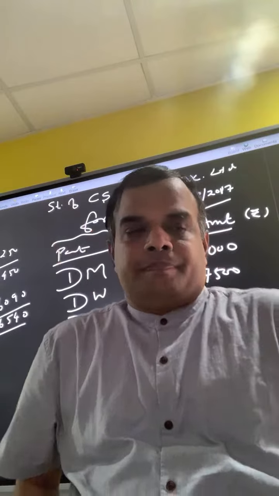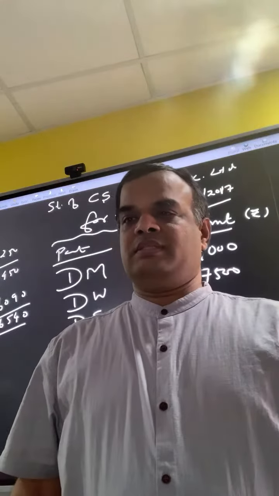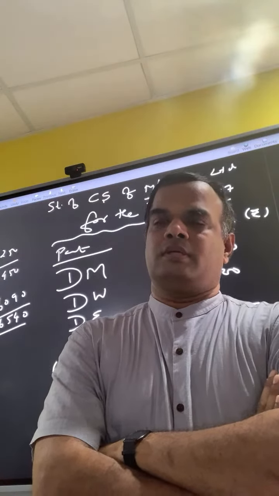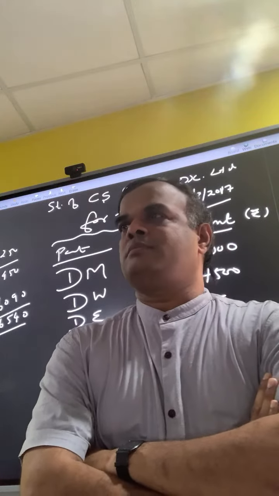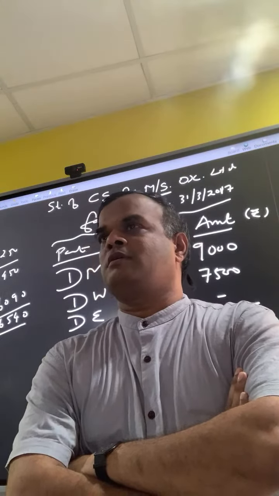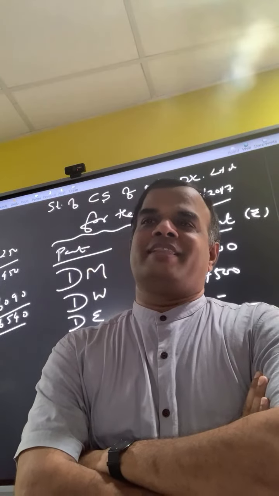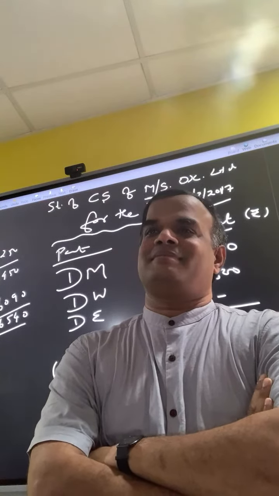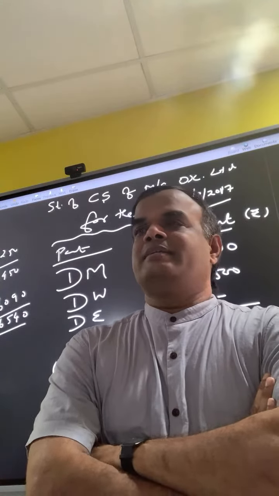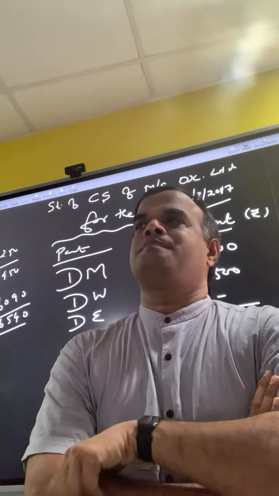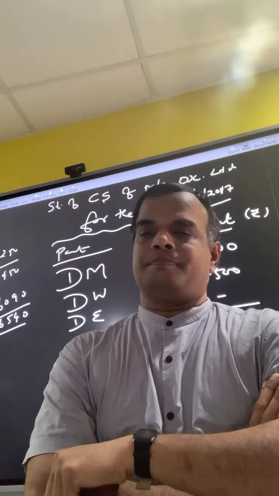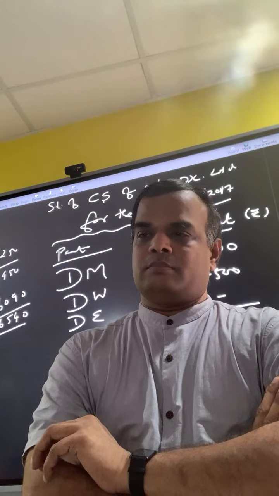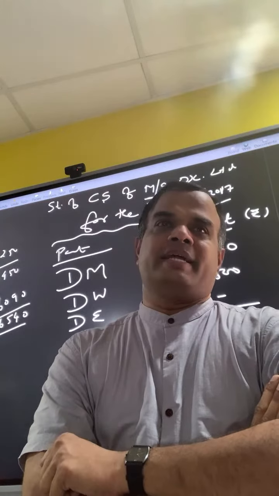First column inventory, second column 1st April, and last column 30th April. Under inventory, raw material: 1st April 8,000 rupees, 30th April 10,600.